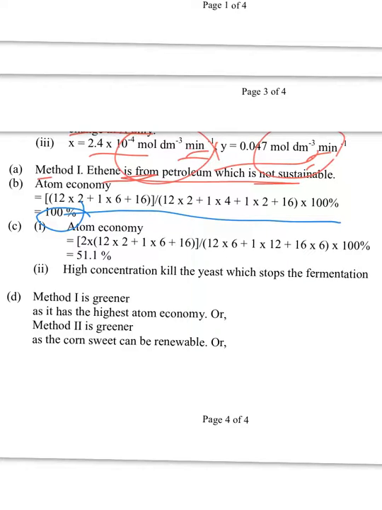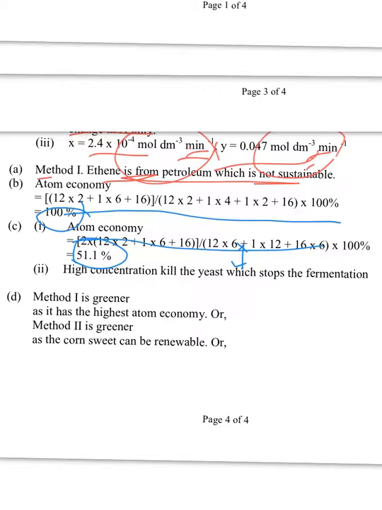How about part C1? Again, calculate the atom economy. Because there is a side product, the atom economy will not be 100%, it is 51.1. And explain why the reaction has a relatively low yield. Many of you related it to atom economy. Actually, the yield refers to how much product is actually formed divided by the theoretical yield. Why?